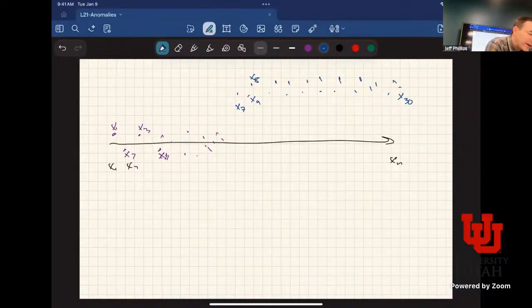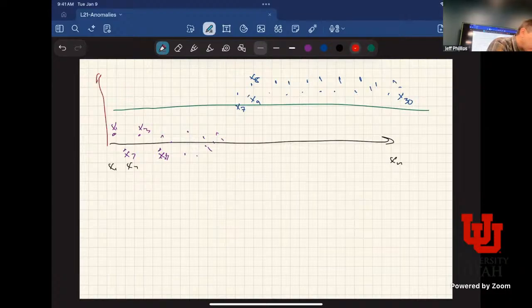And if I fit everything by a mean, this axis will be the value here, and this will be the mean of all of the data. This line will be the mean of the points in the subset.